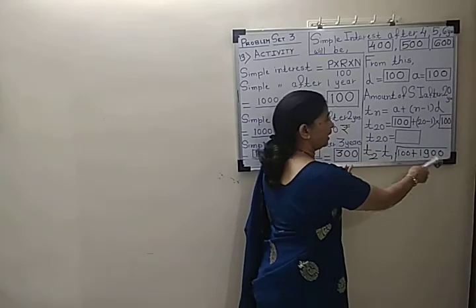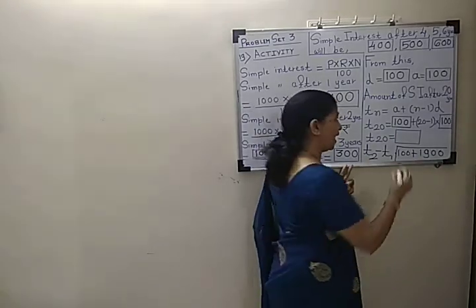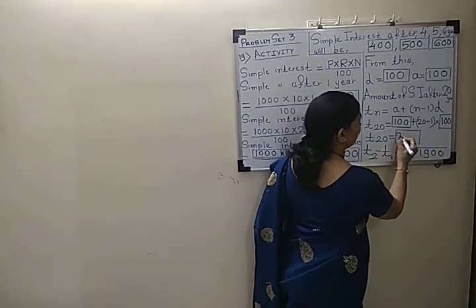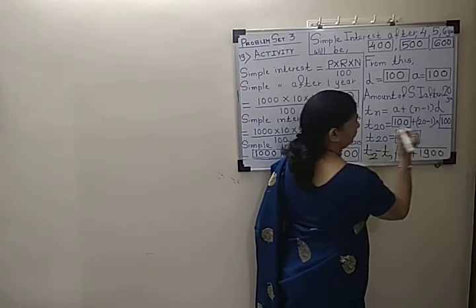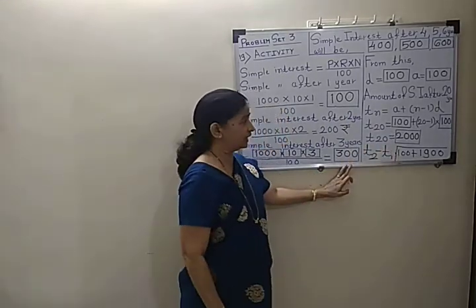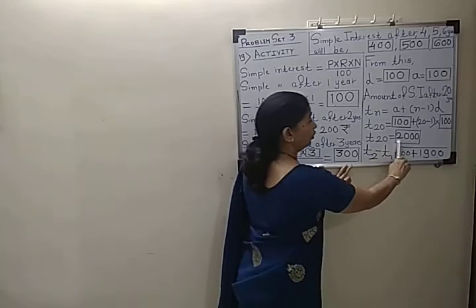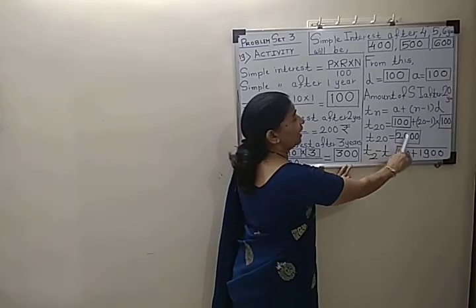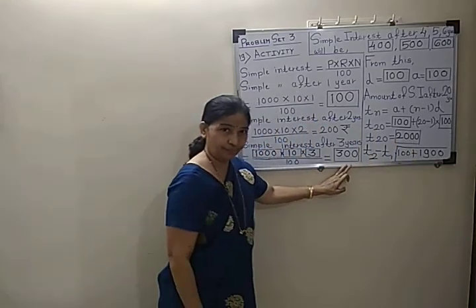So 100 plus 1900 will come as 2000. So in this activity, our last answer is 2000. T20 is equal to 2000.